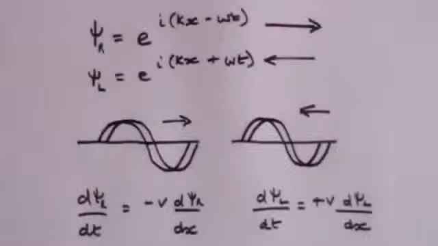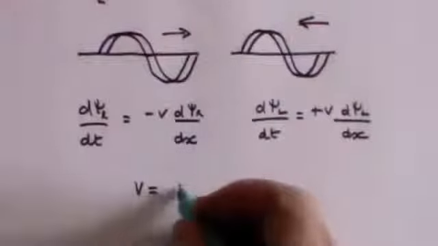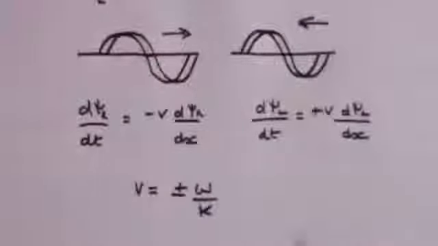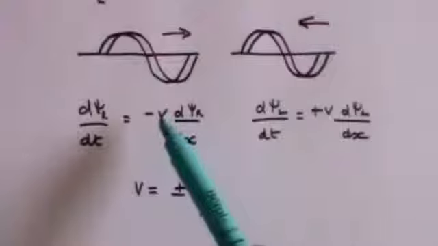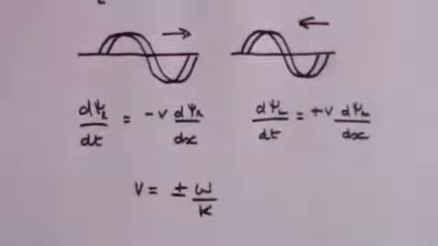So the wave equation differs depending on whether it's a right or left moving wave. And that means that, of course, v is equal to plus or minus ω over k, depending on whether you bring down the minus term for the right moving wave or the plus term for the left moving wave.